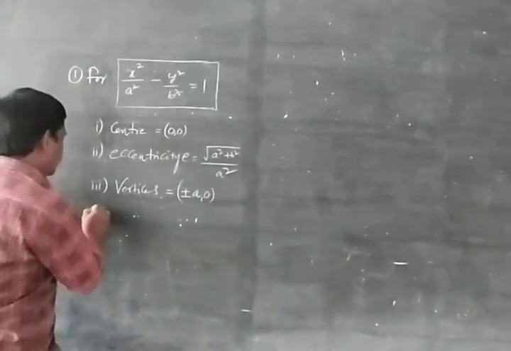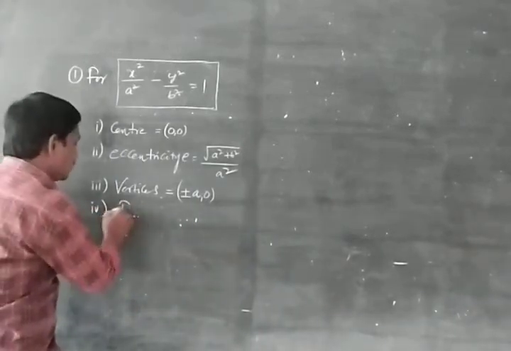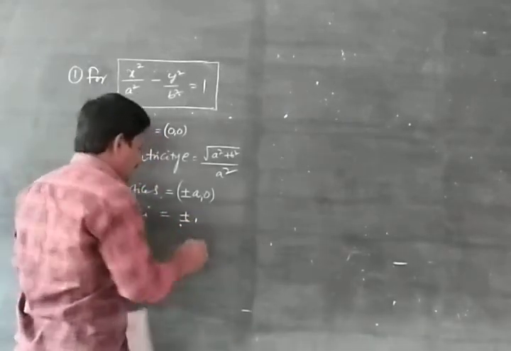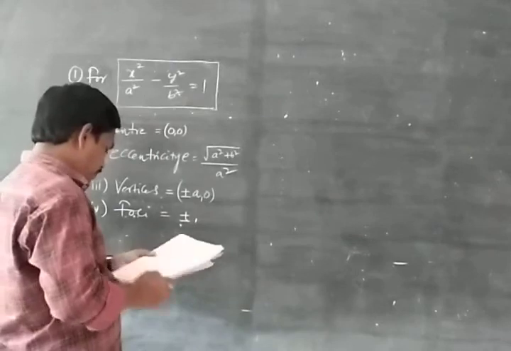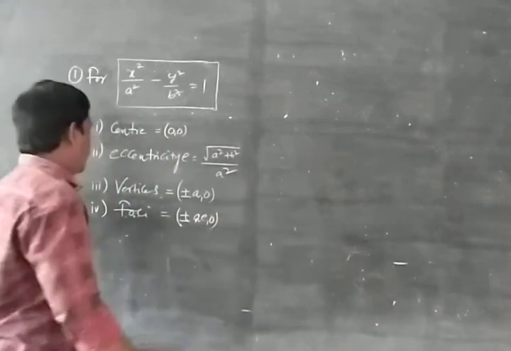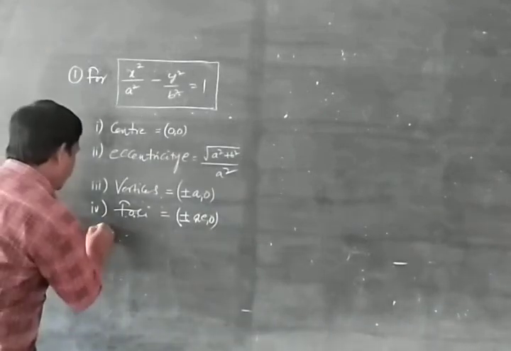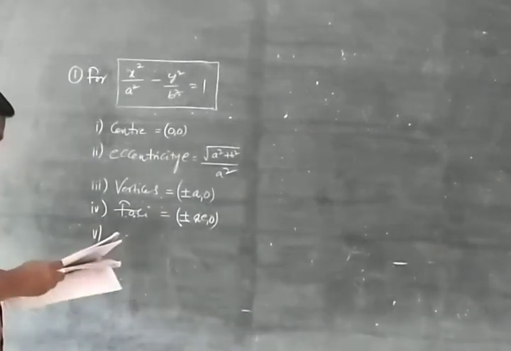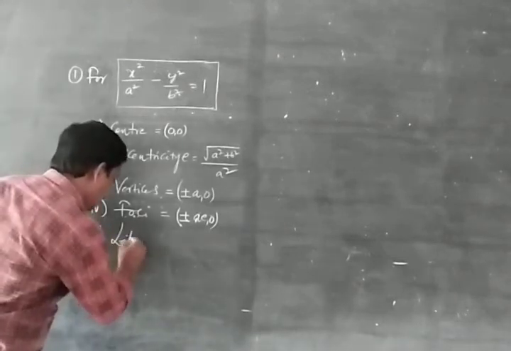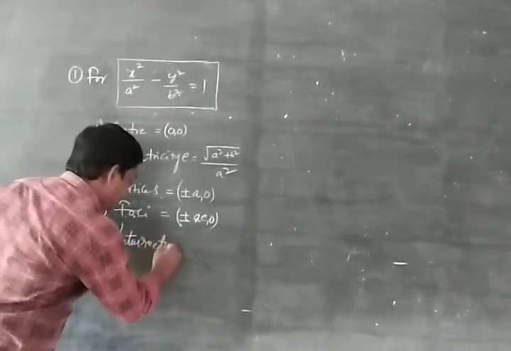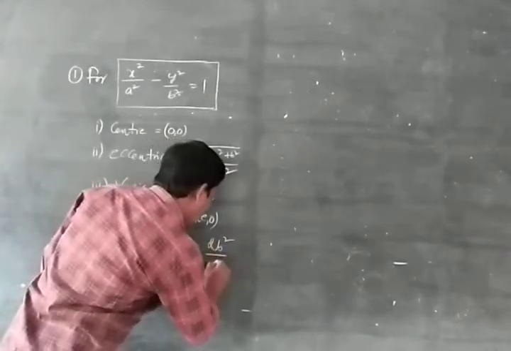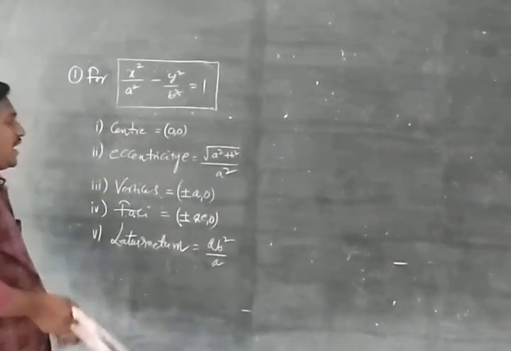Now the fourth one, foci, plus or minus ae comma 0. Next, latus rectum equal to 2b square by a.